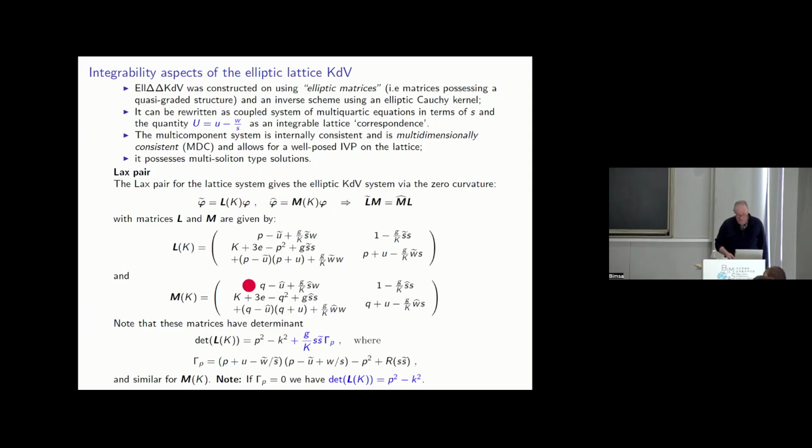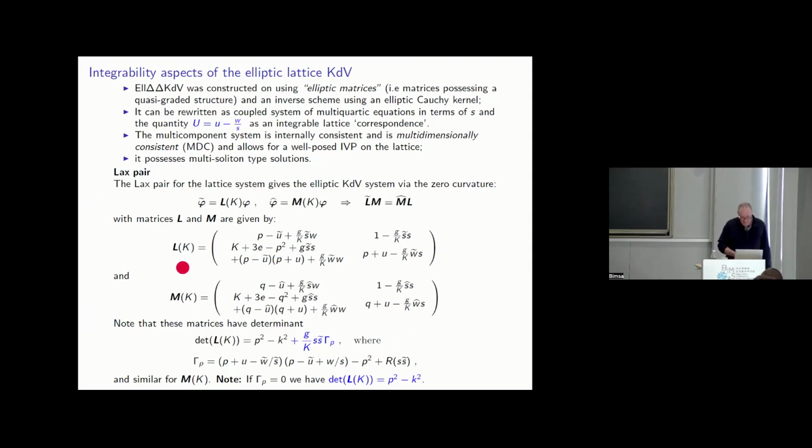And compared to the original H1 equation, if you think away all the terms with G, so this term here, this term here, here and there, then you get the old Lax matrices for the H1 equation, the potential KdV equation, and that has a nice factorization problem. But in this elliptic case, this factorization problem is lost. It no longer factorizes in a natural way. Nonetheless, of course, this Lax pair works and produces the system.